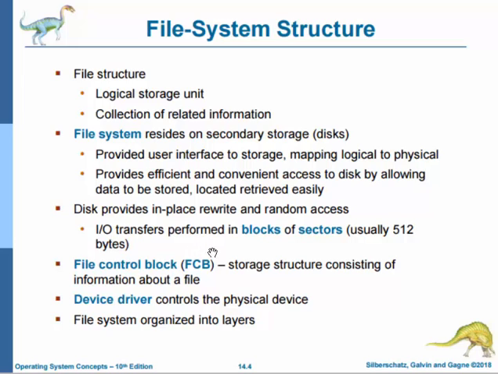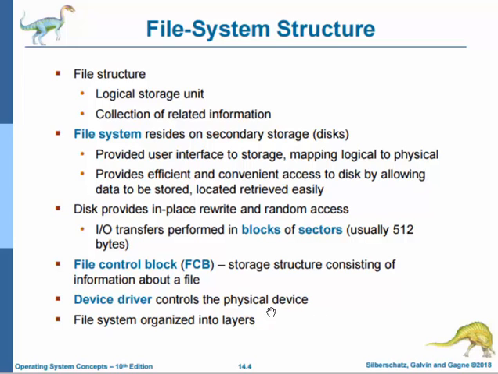Now, the basic file system, which is called the block input-output subsystem in Linux, needs only to issue generic commands to the appropriate device driver to read and write blocks on the storage device.